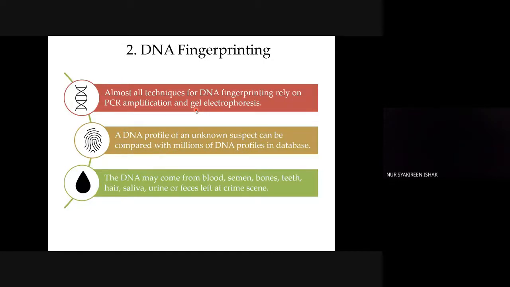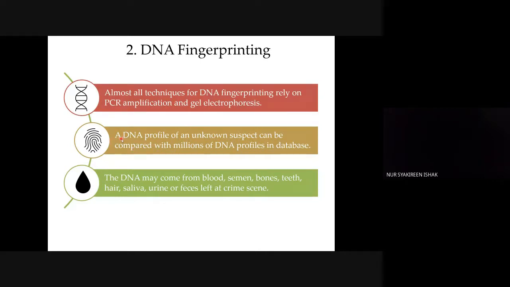The larger fragments akan move slower kan during the gel electrophoresis. The smaller fragments will move faster. So this will produce DNA patterns yang kita panggil this sebagai DNA fingerprinting. Okay. So these are the two procedures yang kita buat. Okay, PCR amplification and also gel electrophoresis.